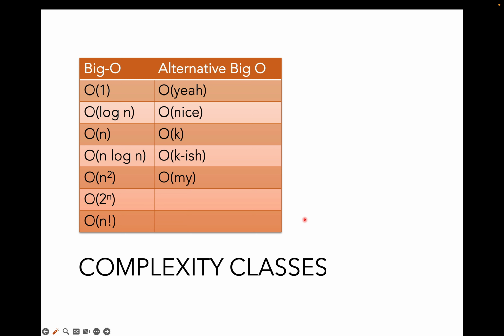O of n squared is an oh my. I'm immediately feeling that's going to get pretty big if n is at all big, and I'm probably going to feel that slowdown. O of 2 to the n is an oh no. You can only deal with very small n's if you're exponential.